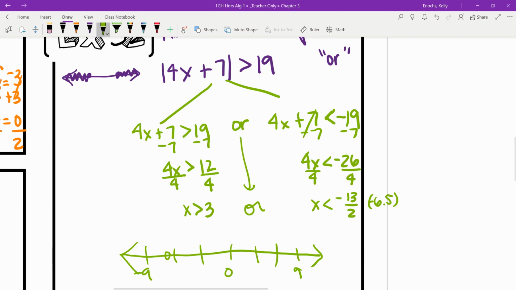And 3 is right here. Open dot there. And then we're going to be greater than 19 spaces away. So I'm going to color to the outside of these things. Okay. So with your absolute value inequality, you're going to solve it like your equation, but make sure to flip that sign for your negative answer, and make sure you decide if it's going to be an and or an or inequality.